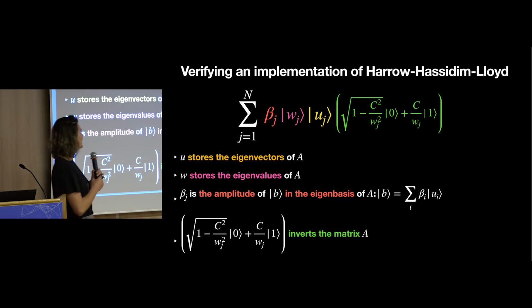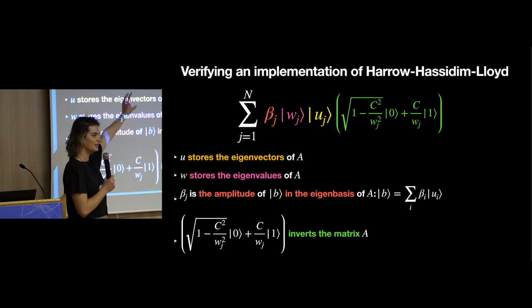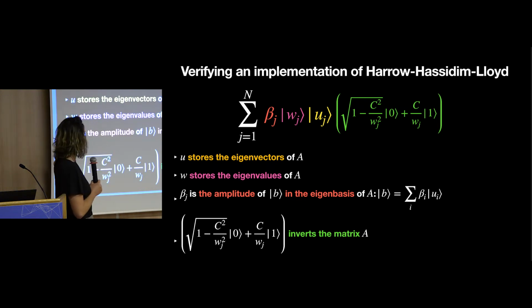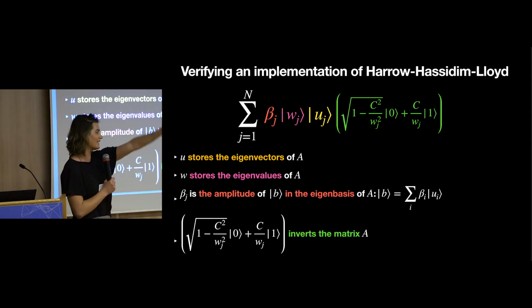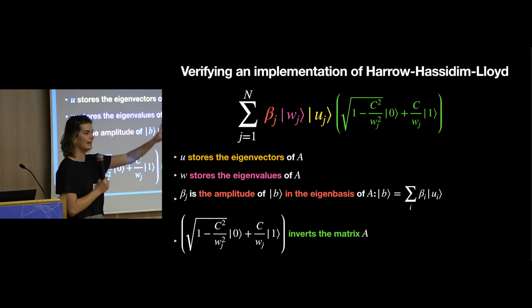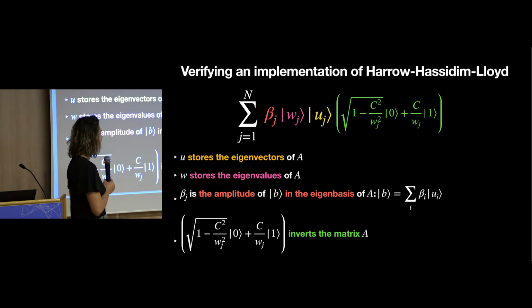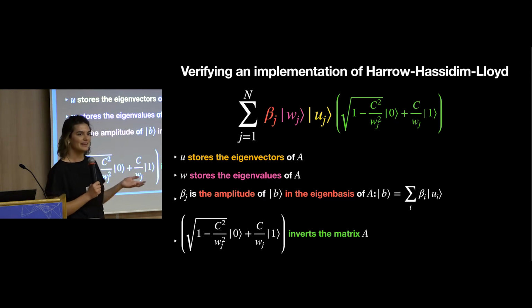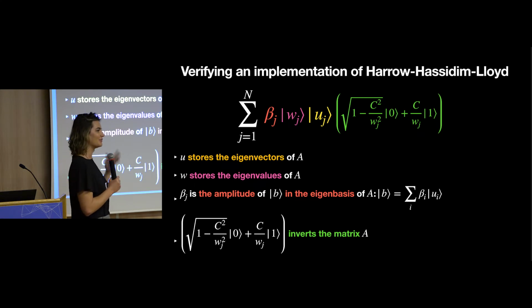I've denoted here in yellow the eigenvector register. This register contains the eigenvectors of my matrix A that I'm trying to invert. W stores the eigenvalues, and these beta j's are the amplitudes of my vector B in my system of linear equations Ax equals B, decomposed in the eigenbasis of A. And this ancilla bit here is what does the inversion of the matrix, because matrix inversion is nothing else but applying the inverse function to the eigenvalues of some matrix A that you're trying to invert.